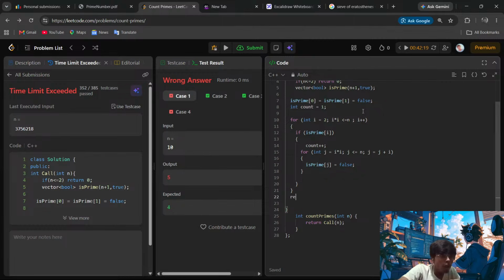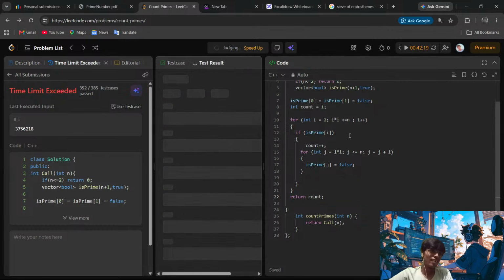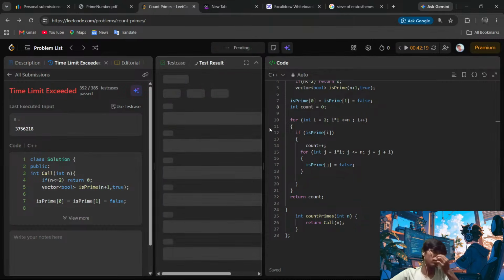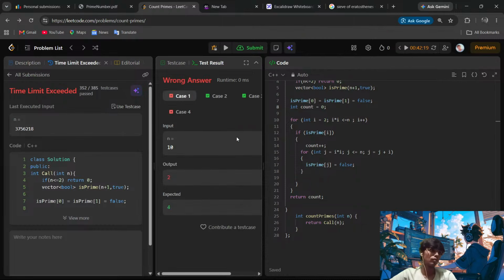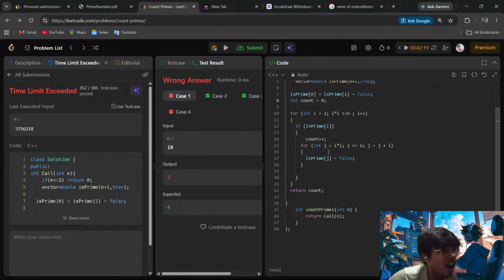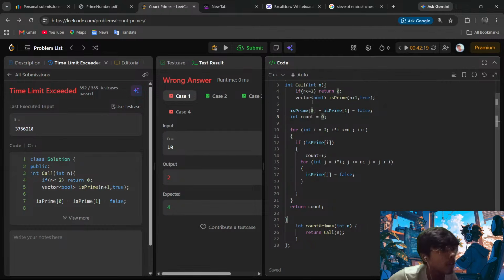And return count. For less than two. Okay, expected value four.